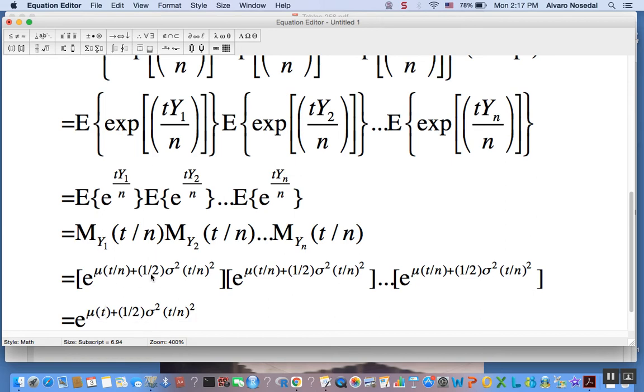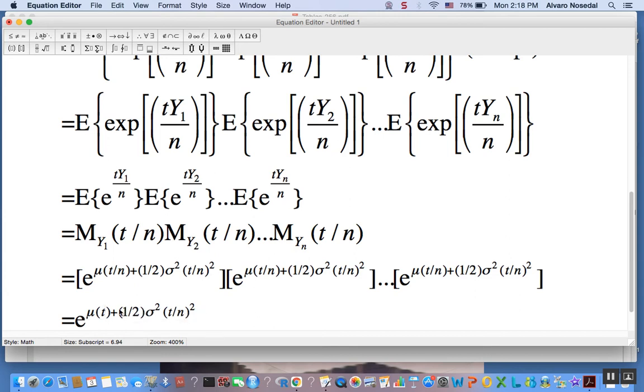Okay, now let's deal with the sum of these guys. Note that what we're going to have here is t squared divided by n squared, right? And we are going to have n of these terms. So what's going to happen is that we're going to have n times this.